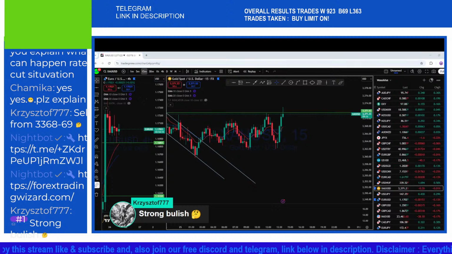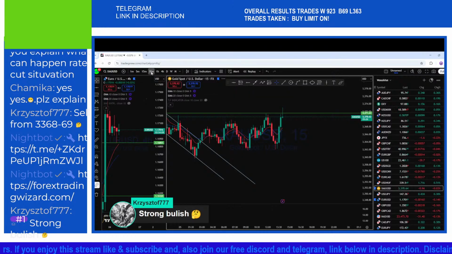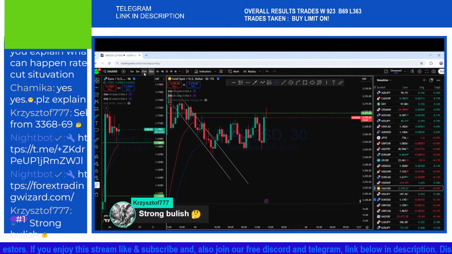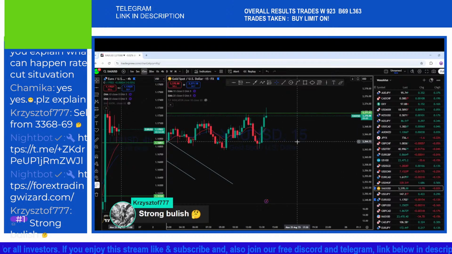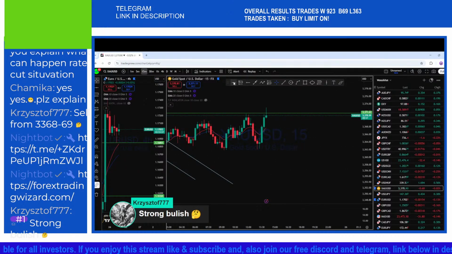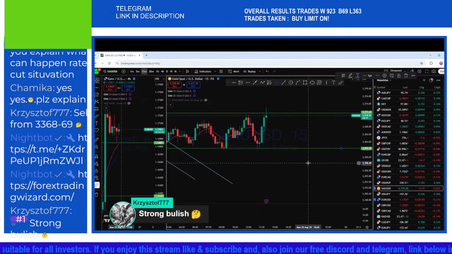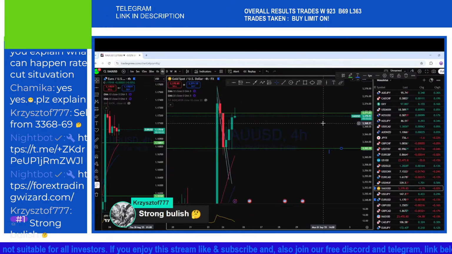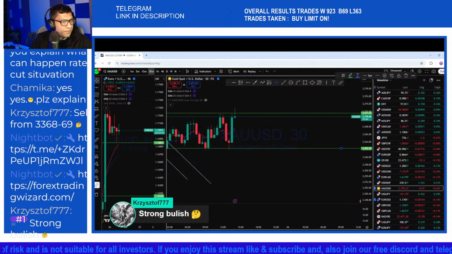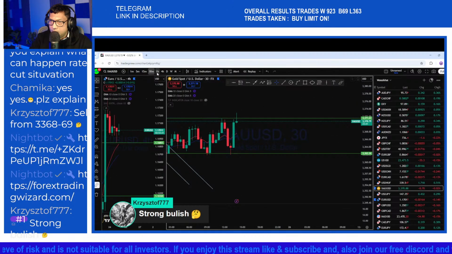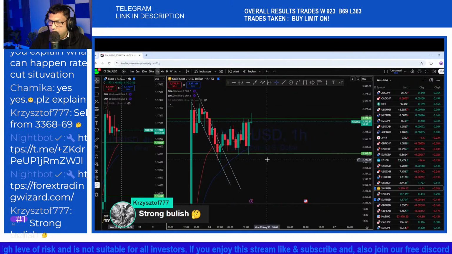So here is the zone in that area. If you look at the 15 minutes, you can see a pretty sharp move, and I'm expecting the market to come back to this support level here. Here's the daily low.